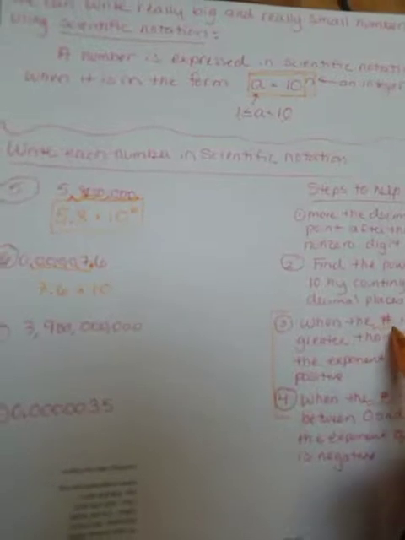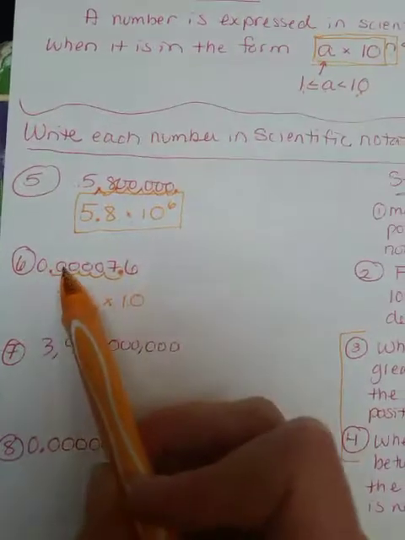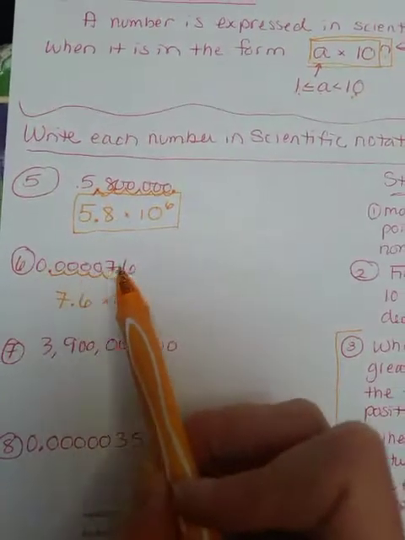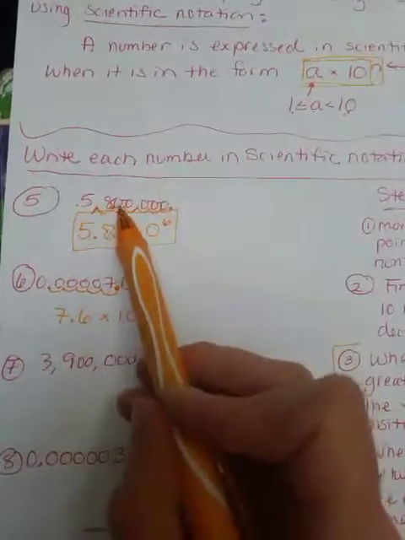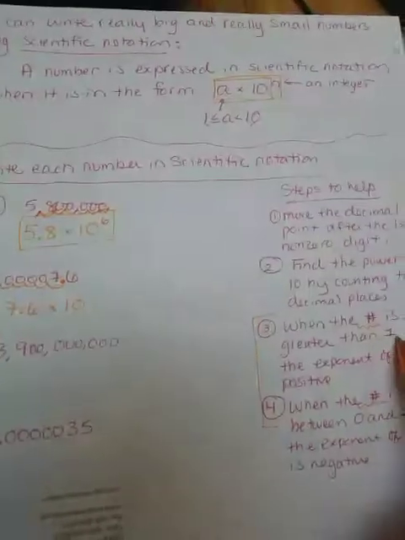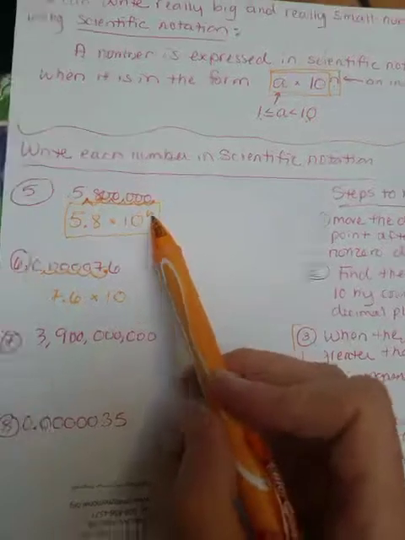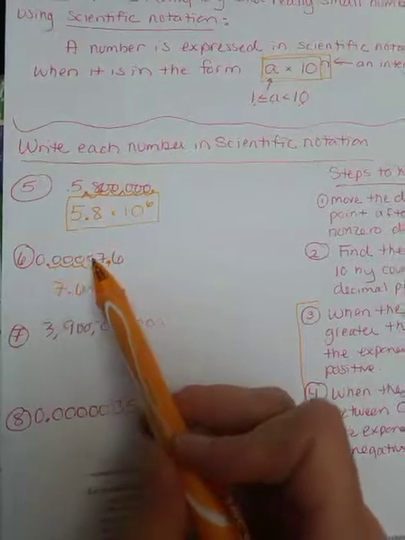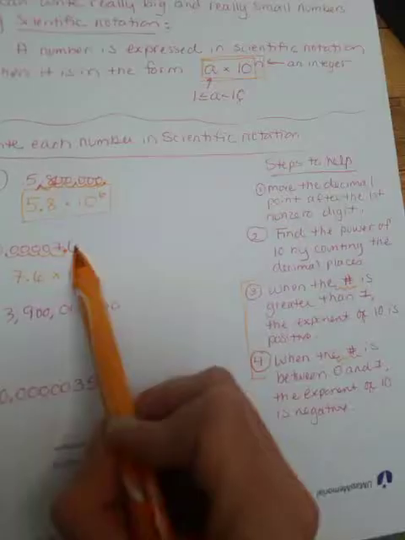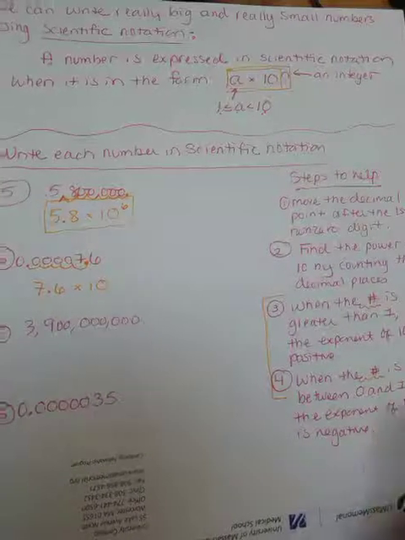Anyways, this number is the 5,800,000 and the 0.000076. So back to number 5, because 5,800,000 is greater than 1, the exponent is going to be positive. For number 6, your number was 0.000076, which is between 0 and 1, so we're going to have a negative exponent.